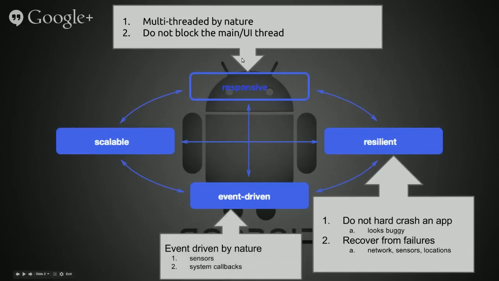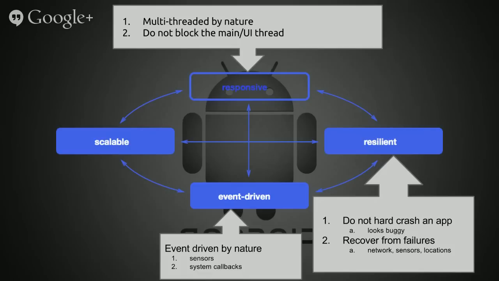Then, of course, event-driven. Mobile phones are by nature event-driven. You have all the sensors spitting out events. Very often they work with system callbacks in the API, so you give it a method or closure, and it gets called on an event.